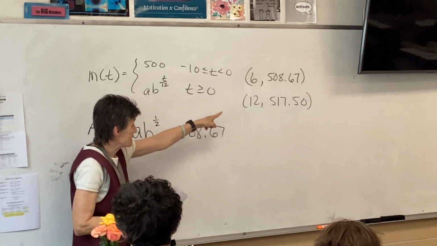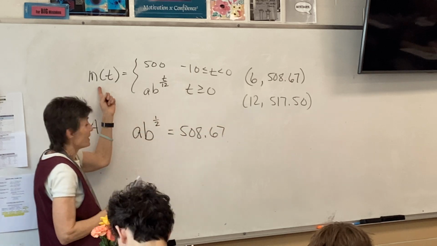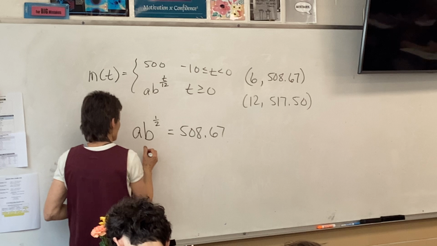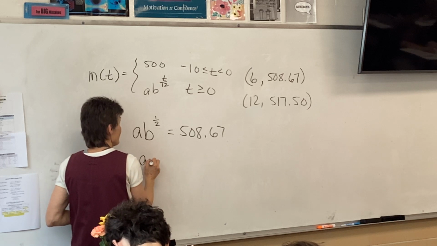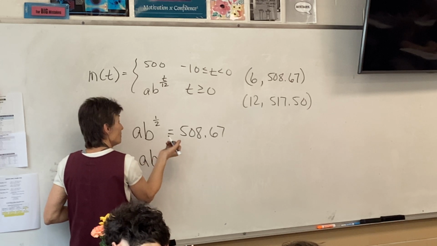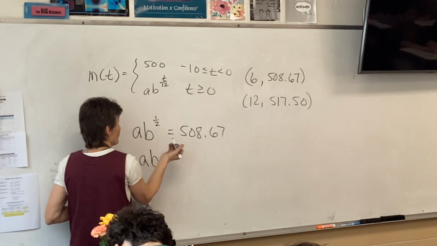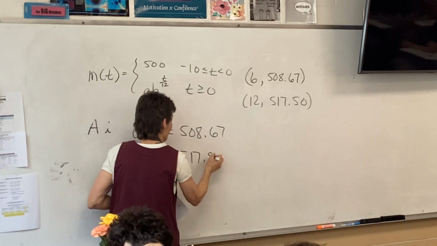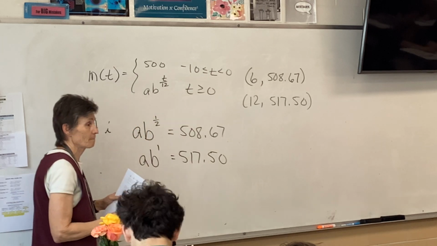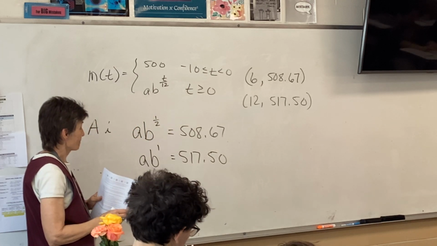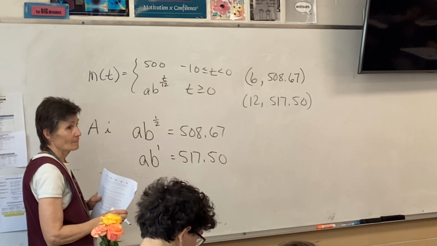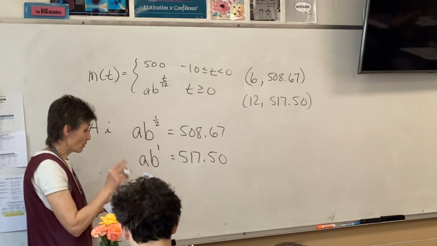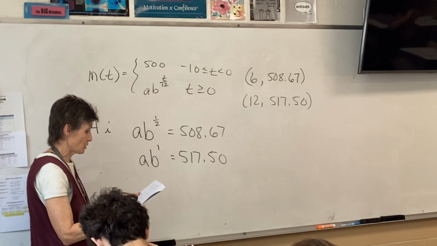Remember, that's t and M of t. So what would our second equation be? a times b to the first, basically, equals 517.50. Is that okay? All right, so there are the 2 equations.